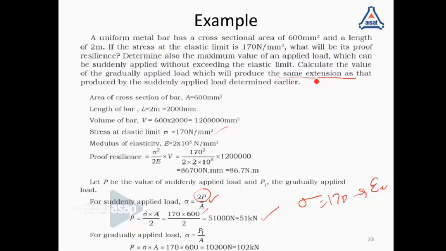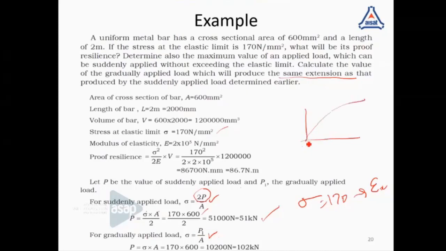When you are giving a gradually applied load, the conventional expression for stress can be utilized. When the load is gradually applied, sigma is equal to P1 by A. Normally, the stress is applied gradually.